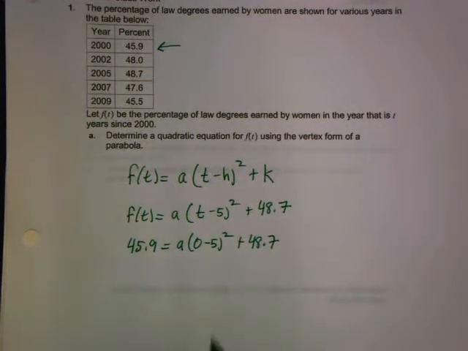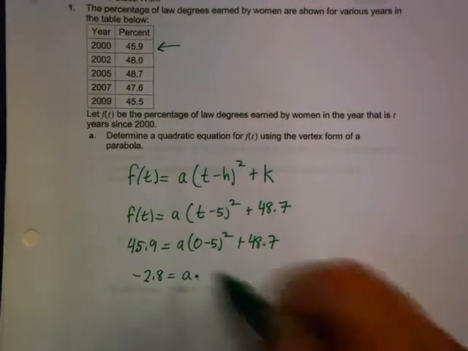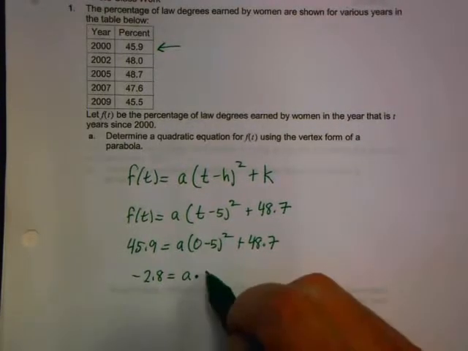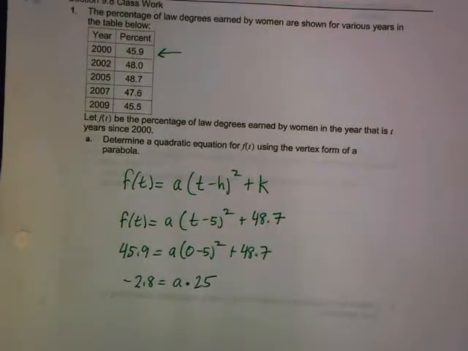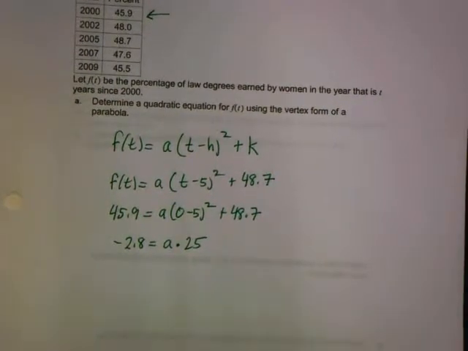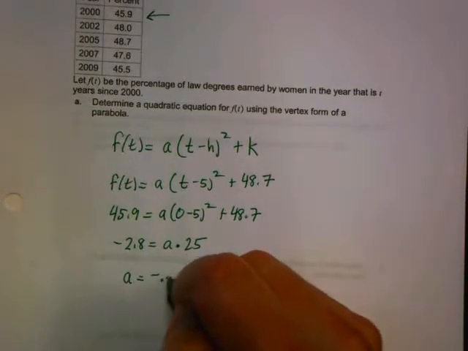I get negative 2.8 equals a times, well, what's 0 minus 5? And what's negative 5 squared? So I'm just going to write that as a times 25. And then how do I get the a all by itself? Divide by 25. So I get a is minus 0.112.